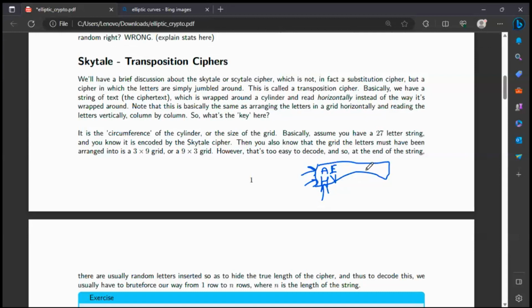Instead of interpreting this as a cylinder, we can interpret this as a grid of sorts.